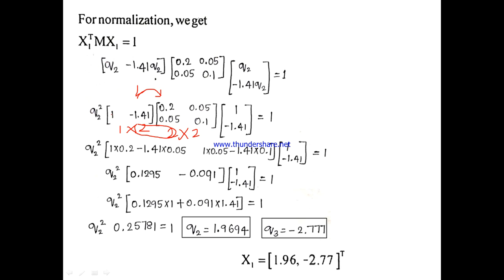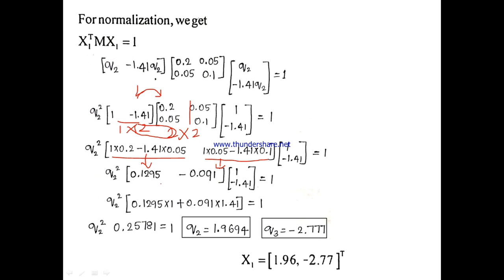So this and this gives this value. Again next, same, this and this: 1 into 0.05 minus 1.41 into 0.1. If I substitute these values and solve I get 0.1259 minus 0.091. This matrix remains the same.